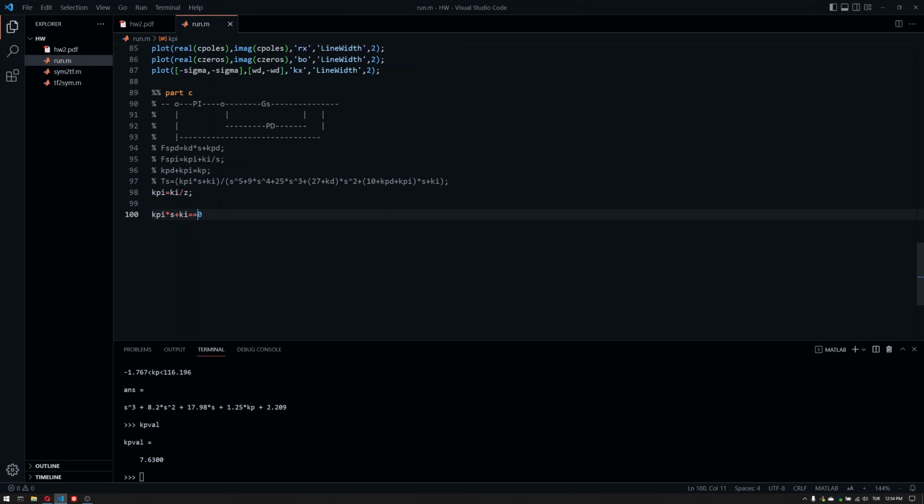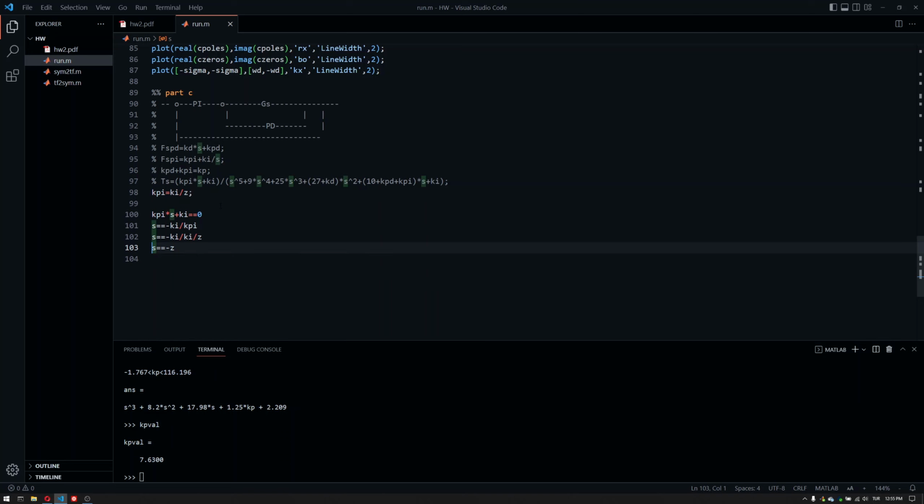And if you look closely, if I divide it by KPI here, I would get this here. And basically this would be minus KI divided by KPI. So why do I choose KI divided by z instead of KPI? Because if I plug it in, it would give me s equals minus z.